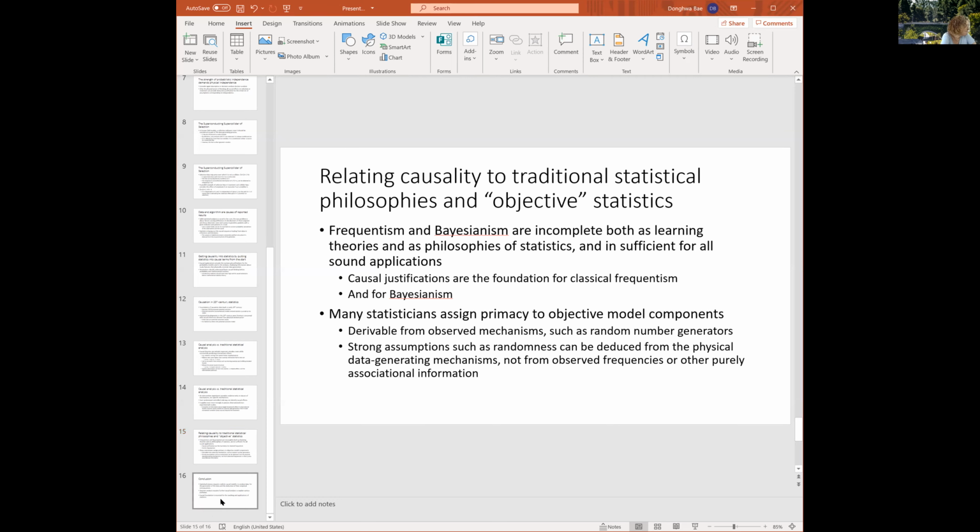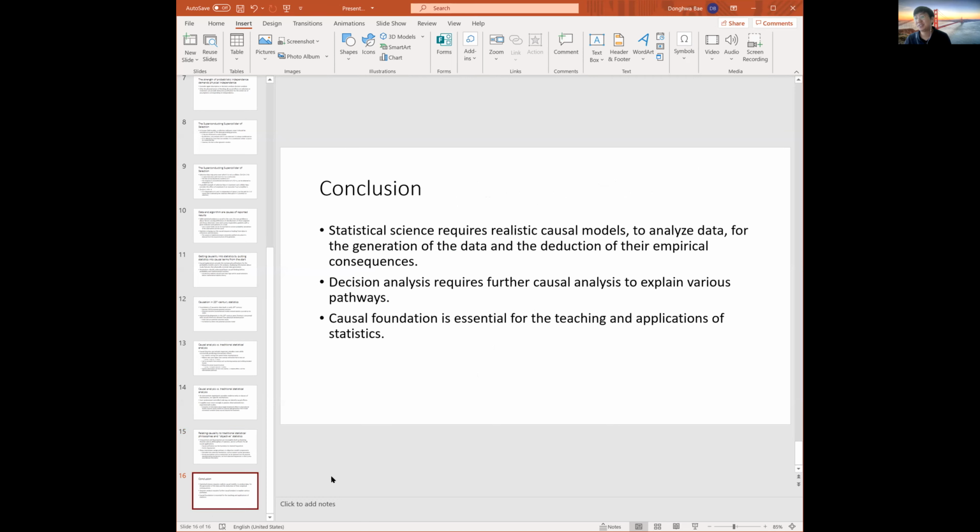Okay. So in conclusion, statistical science requires realistic causal models to analyze data, for the generation of the data and deduction of their empirical consequences. Decision analysis further requires causal analysis to explain various pathways between treatment and outcomes.